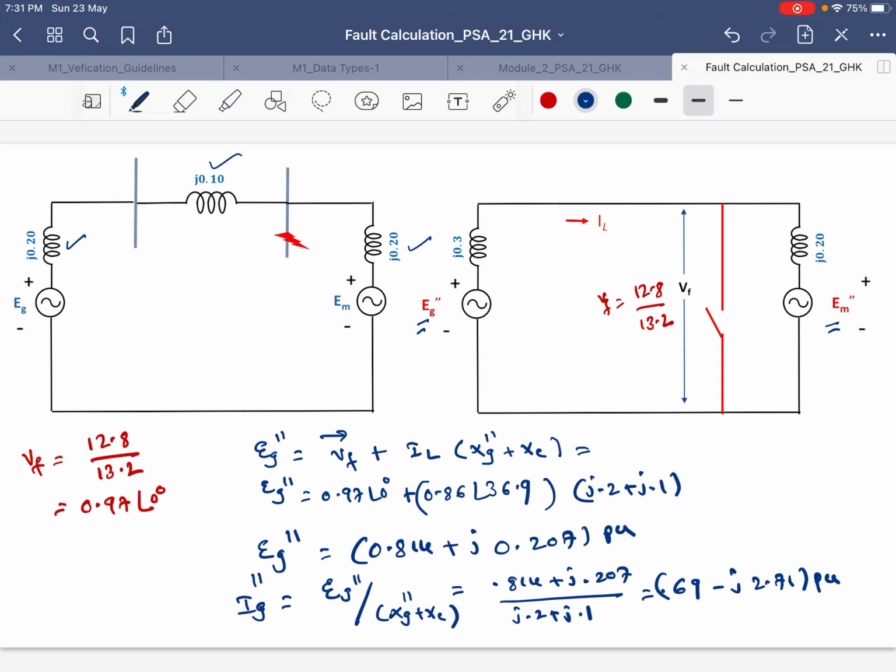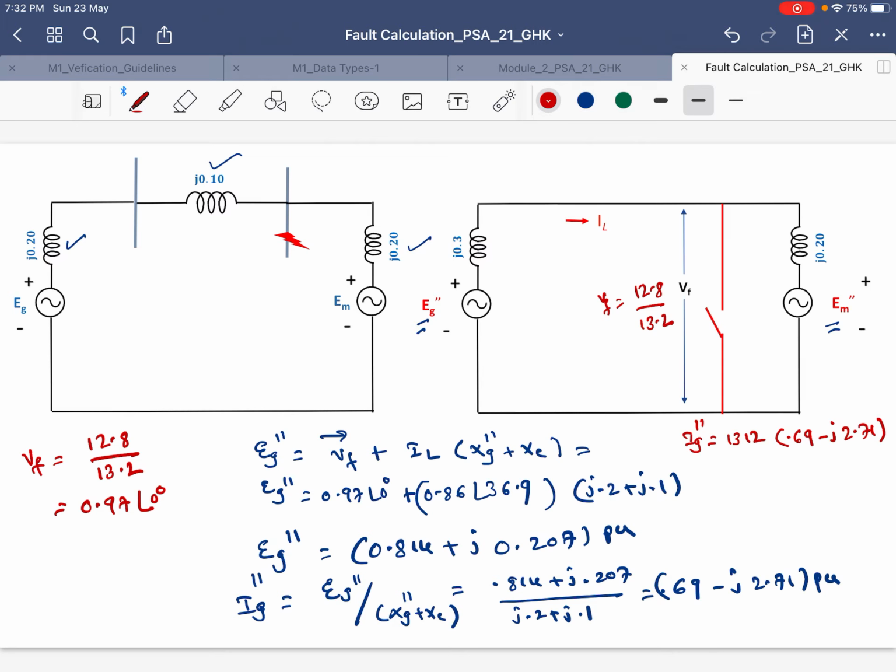This is the fault current contributed from the generator. Therefore, if you are interested in the actual value of the current, you have to find out I_g double dash. The actual value is, you have to multiply the base current, that is 1312, by 0.69 minus j2.71.